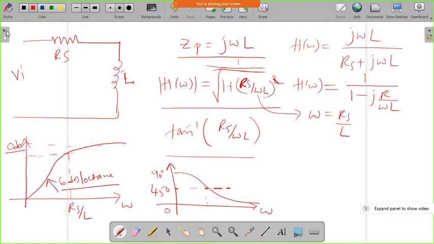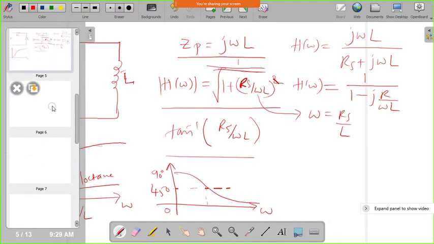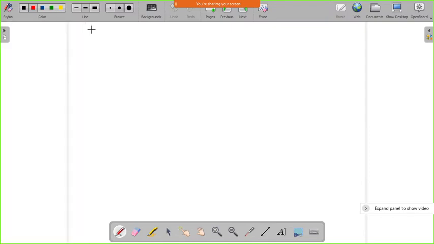So if I take both, it acts like a bandpass filter. Okay, so if I have Rs, with both the capacitor as well as the inductor.